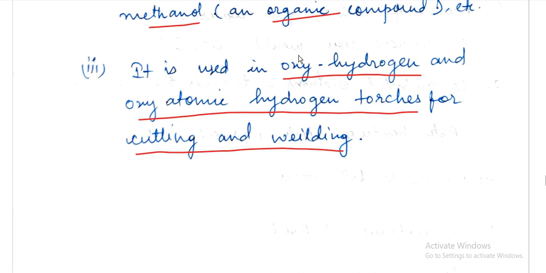Either it will be oxygen and hydrogen, or oxyatomic and hydrogen. So hydrogen gas is used for cutting and welding purposes also. These are the uses of hydrogen gas.